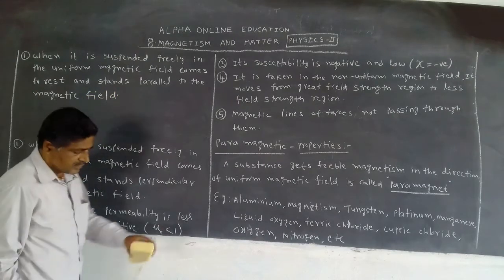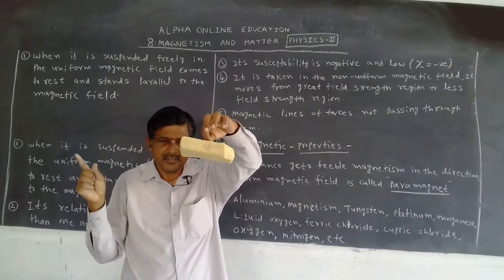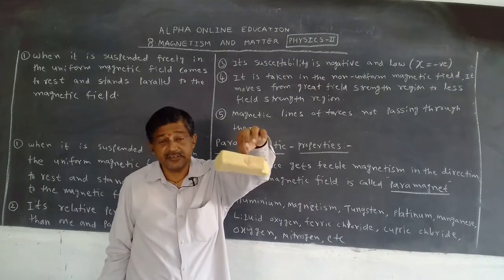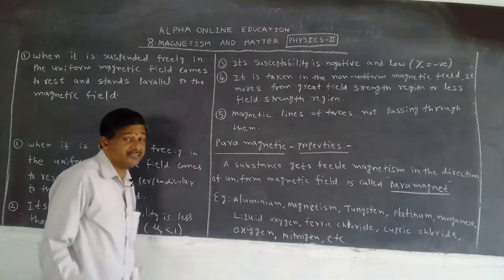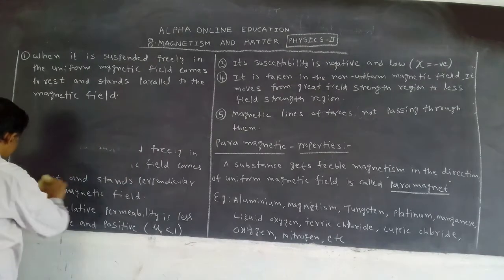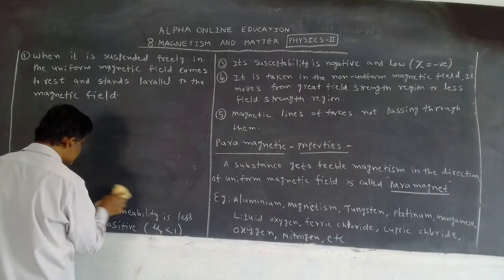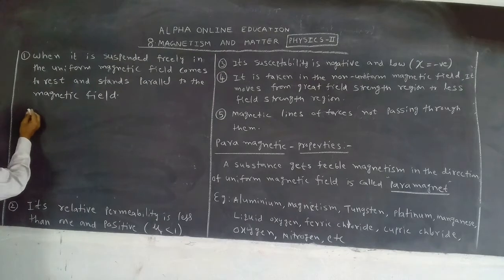The paramagnet is suspended freely. It stands in the direction of the magnetic field, means parallel to the magnetic field. Dia means perpendicular. Okay, now what is the first property? When it is suspended freely in the uniform magnetic field, it comes to rest and stands parallel to the magnetic field.